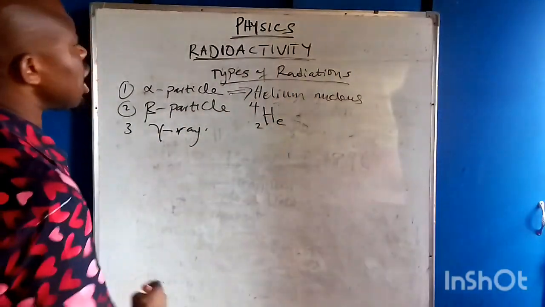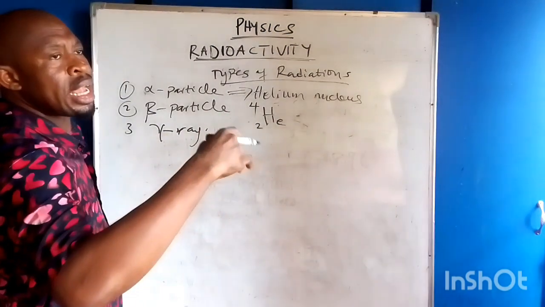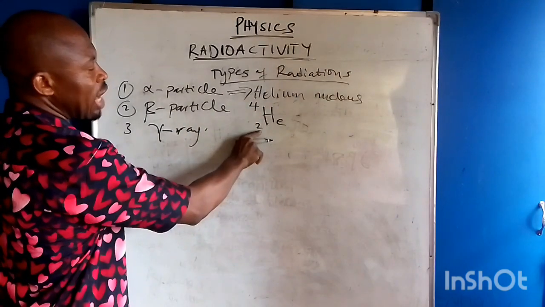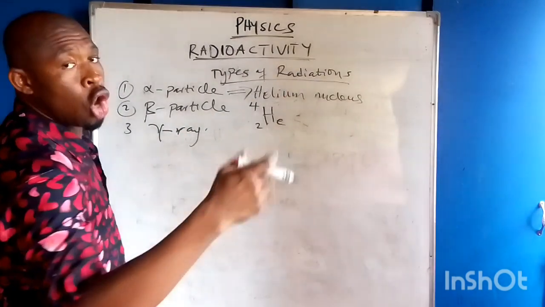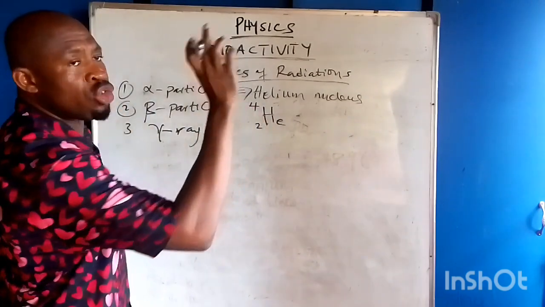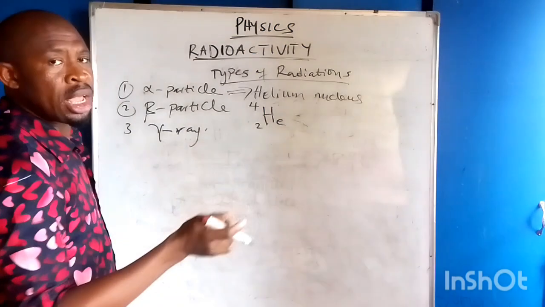What it means is that if an element emits an alpha particle, the mass number of the alpha particle is 4, while the atomic number is 2. That means the new element, which is called the daughter nucleus, will have its mass number reduced by 4 and its atomic number reduced by 2.